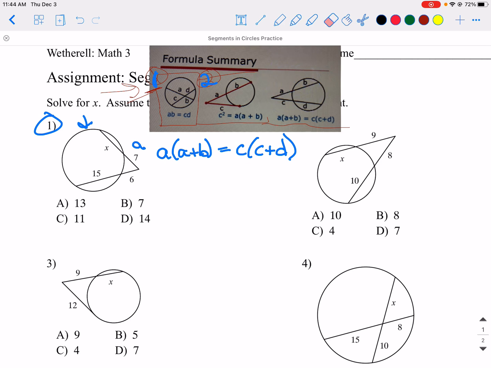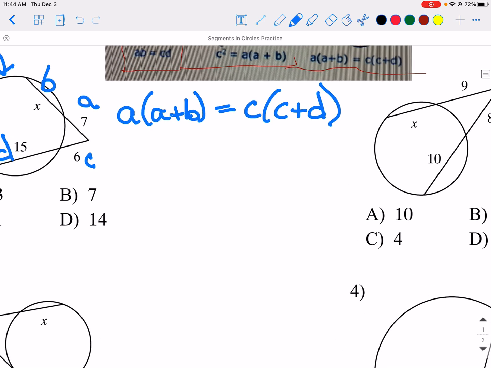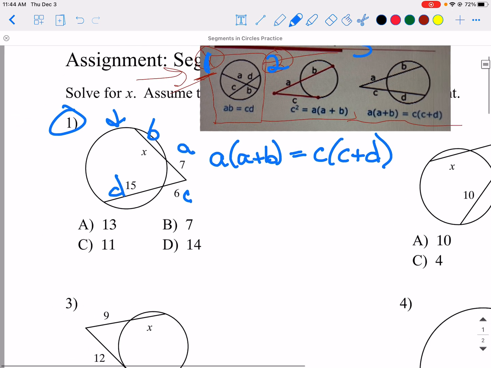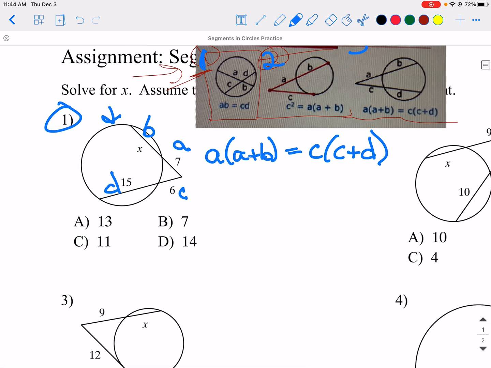I just wanted to erase some of that so it looks better. Okay, so I have an A and a B. So 7 is my A, B is my X. And a C, it helps if I write the C better, a C, and then 15 would have to be your D. So I've got that formula there. Now I'm going to plug in my values.